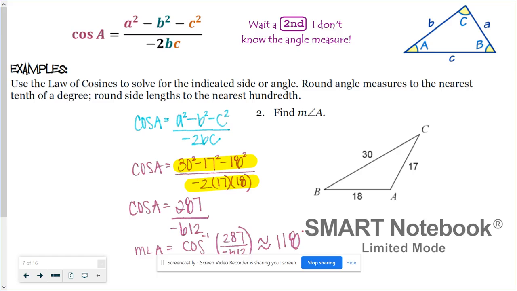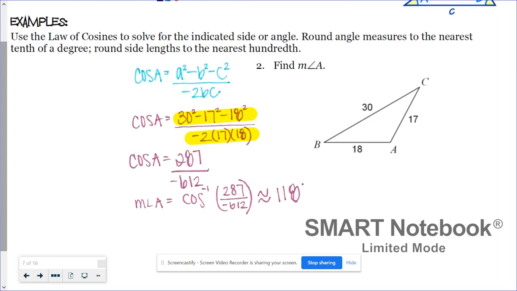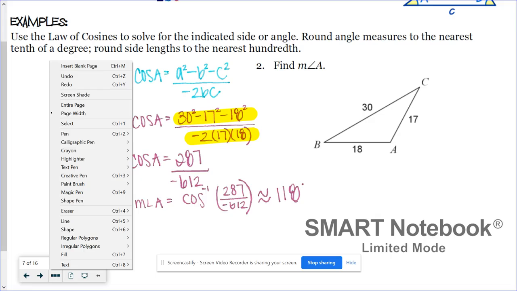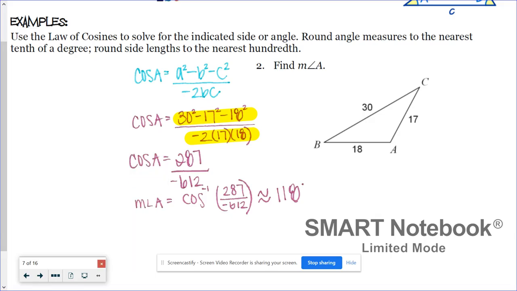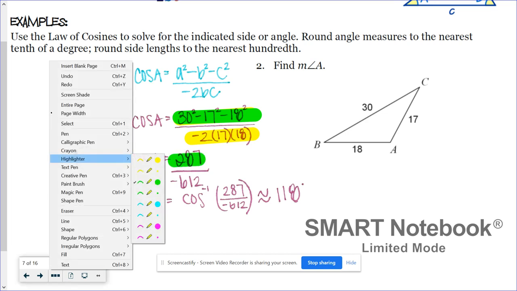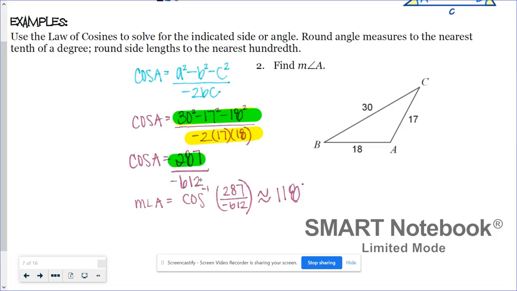When it comes to calculating, this is my advice: first calculate the numerator and type that in. I did that, and I got 287. Then calculate the denominator. I did that, and I got negative 612. So you get the ratio 287 over negative 612.